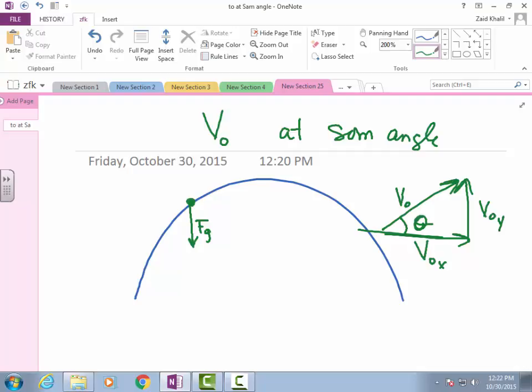It's constant. The velocity is constant in the x direction because there's no net force acting on it. Therefore, it's not accelerating. In the y direction, there is an acceleration. It's the acceleration due to gravity. And so it's only the y direction where your velocity is going to vary with time.